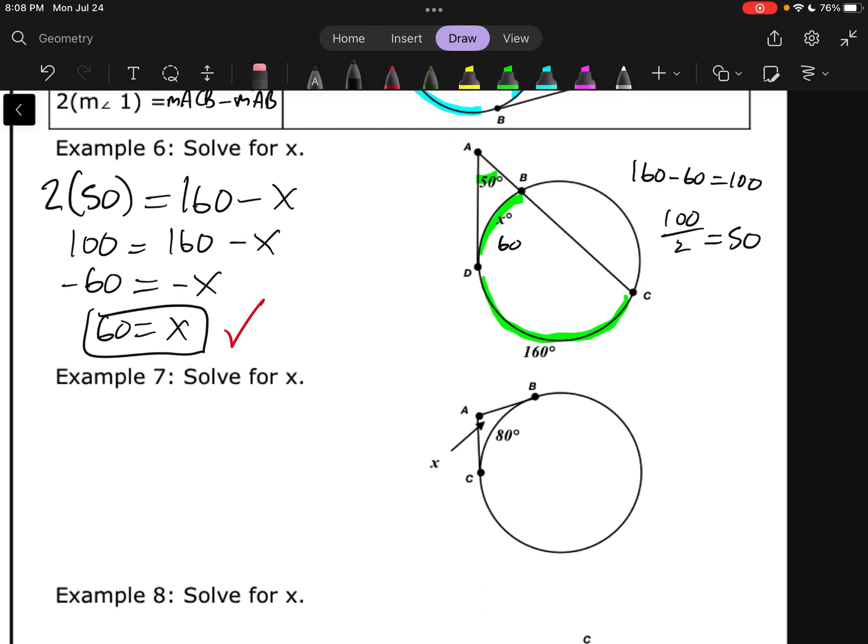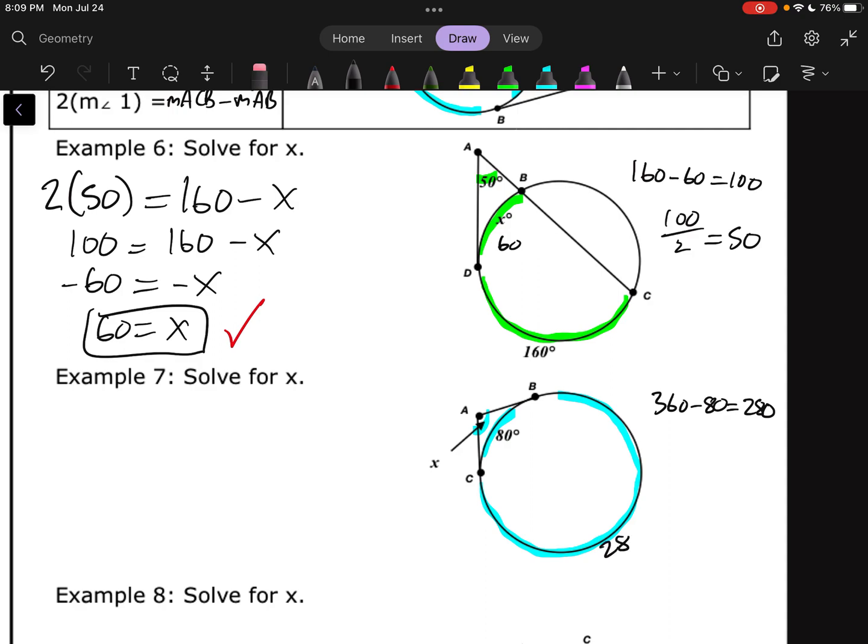For this one, we've got 2 tangents. So the angle should be equal to 1/2 of the big arc minus the little arc. Now, we don't actually know what the big arc is, but we do know that the entire circle is 360 degrees. So 360 minus 80 gives us 280.